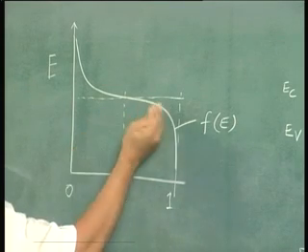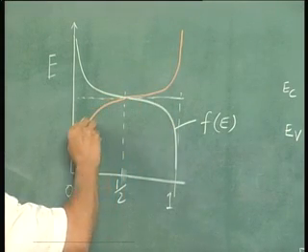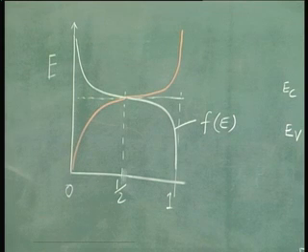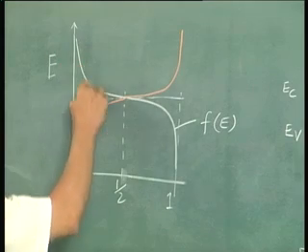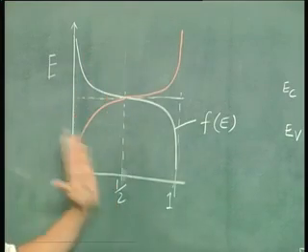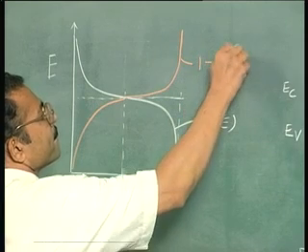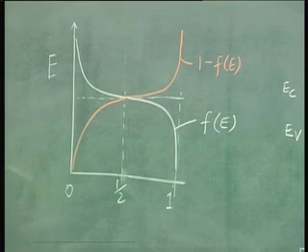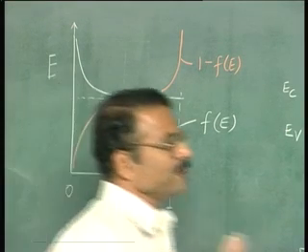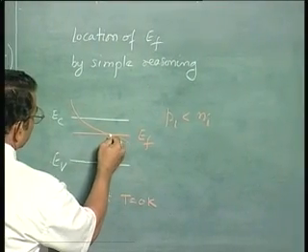It is a symmetric function which is given like this. Okay, something like this. That is, it is a reflection of this function about this line. You just reflect it. That is 1 minus Fe. So now if I come back to this diagram, if I were to sketch 1 minus Fe here, it would be something like this.